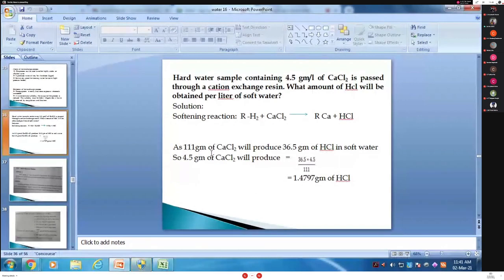As 111 grams of CaCl2 will produce 36.5 grams of HCl in soft water, 4.5 grams of CaCl2 will produce 36.5 into 4.5 divided by 111. So the answer is 1.4797 grams of HCl required per liter of soft water. Is it okay? Then next problem.